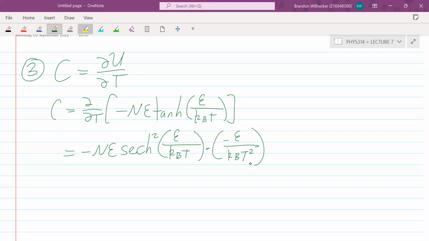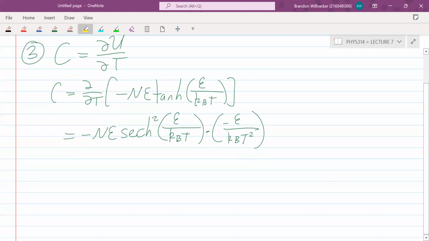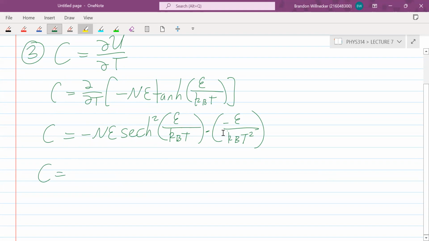That's perfectly fine. However, let's stick with our theme of unitless and size independent and work on it a little bit more. So C is going to be equal to, the minus and the minus are going to cancel. Epsilon and epsilon are going to multiply. So it's going to be n epsilon over kBT squared.